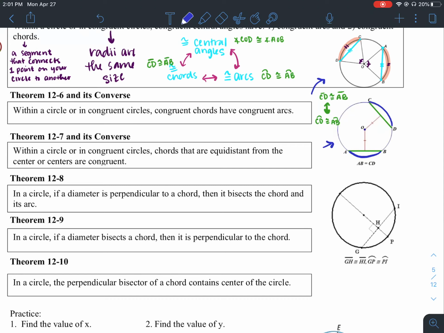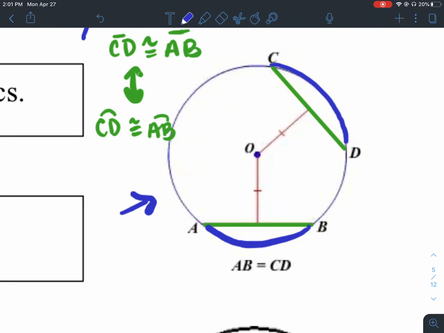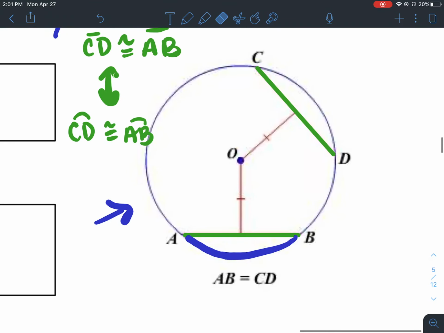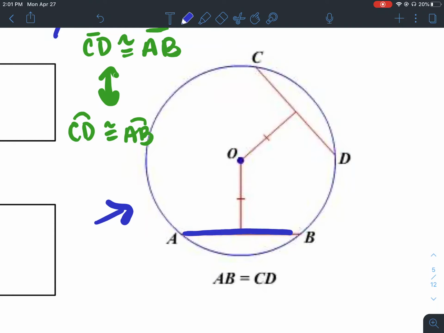It says within a circle or in congruent circles, chords that are equidistant from the center are congruent. So this is saying, okay, I've got these two chords, AB, CD.